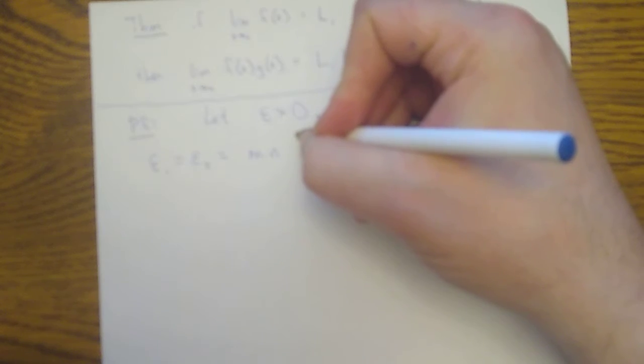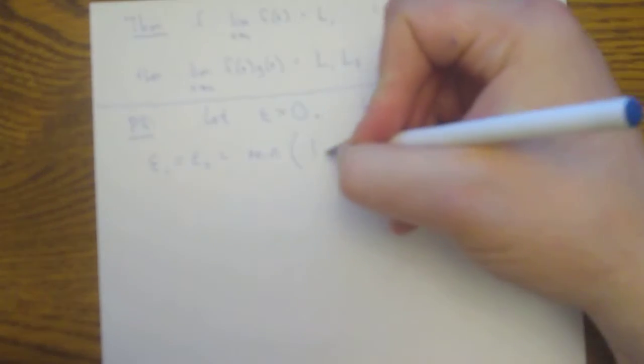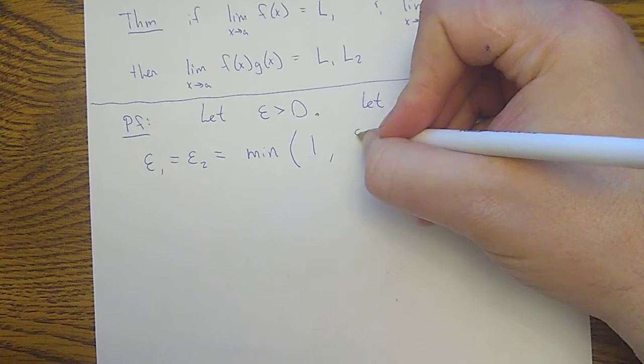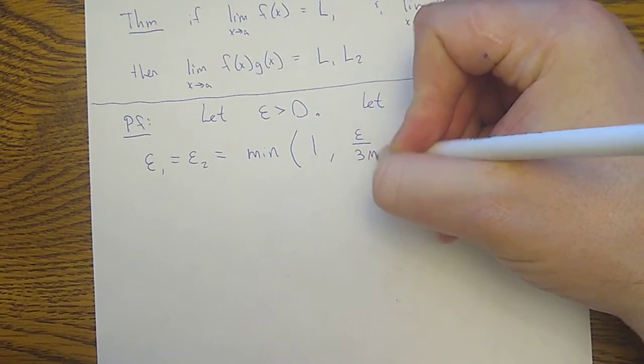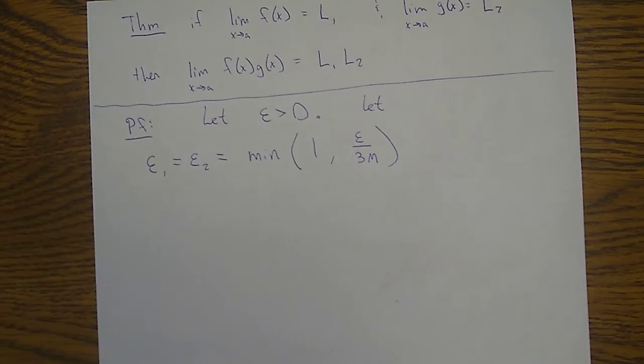In other words, I want epsilon 2 to be at most 1, so 1 is going to be in here. Also, I wanted these numbers to be at most epsilon over 3M, so I'm going to define them to be the min. And we're going to see that this works.